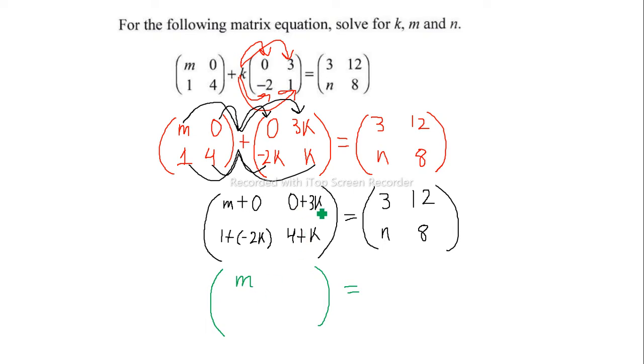What is 0 plus 3k? 3k. Very good. Now, it's very important. Remember, a positive times a negative gives us a what? Negative. 1 minus 2k. Now, we can't simplify this because they're not like terms. So we leave it as such, 1 minus 2k. And then we have 4 plus k. We can't simplify that, right? Because they are not like terms.